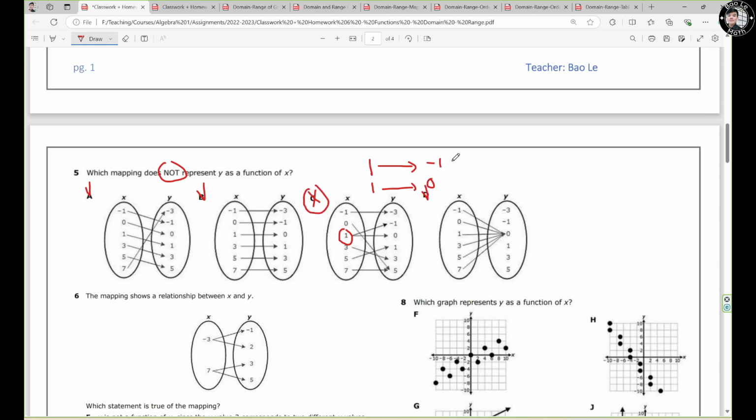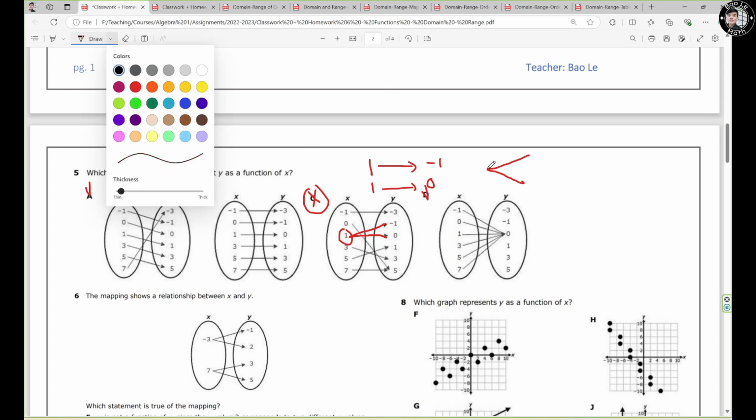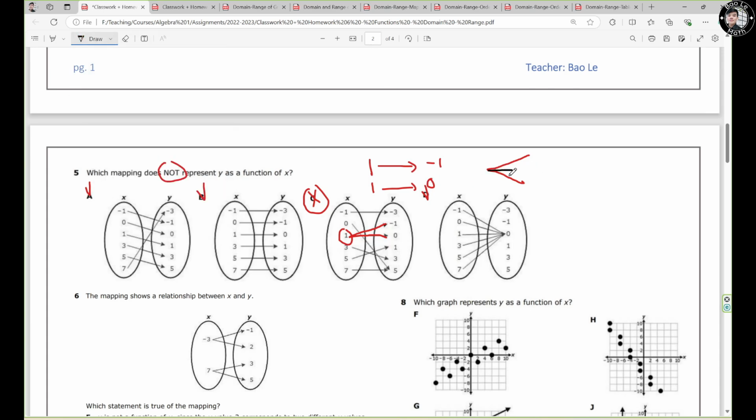Now, for mapping, if you see a diagram something like this, you look at this one right here. You see the less than sign. Another trick is you put the arrow right here, and you see that the arrow points to the left.